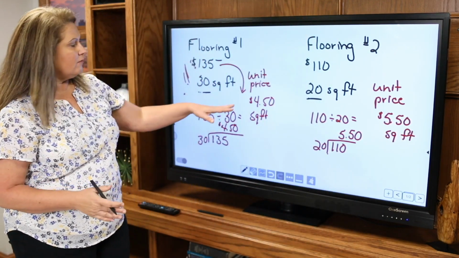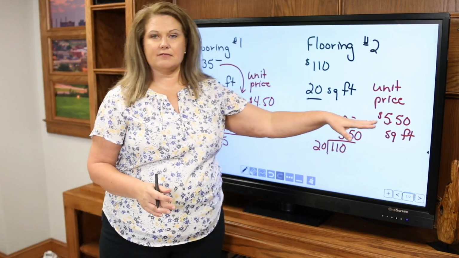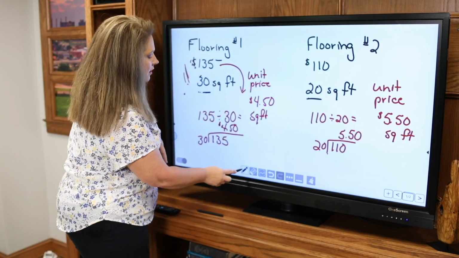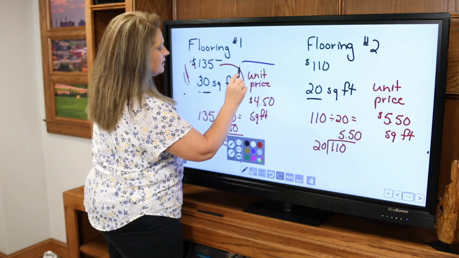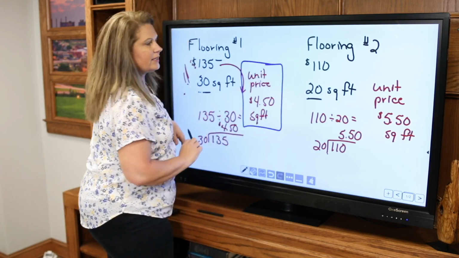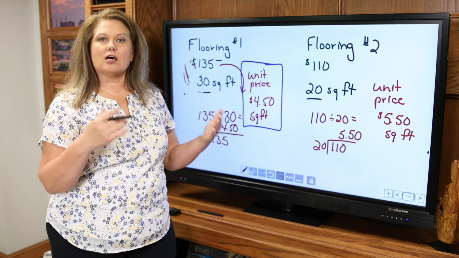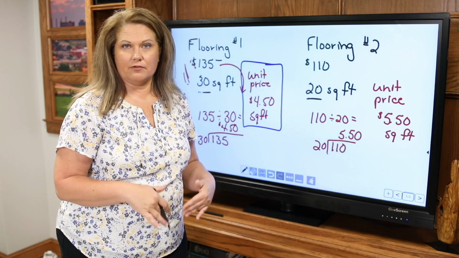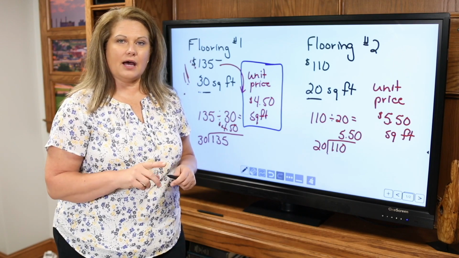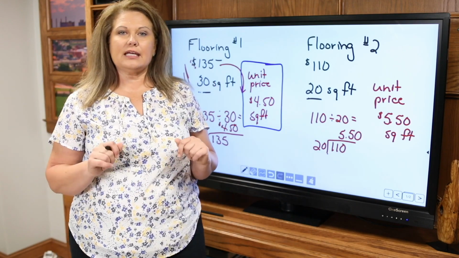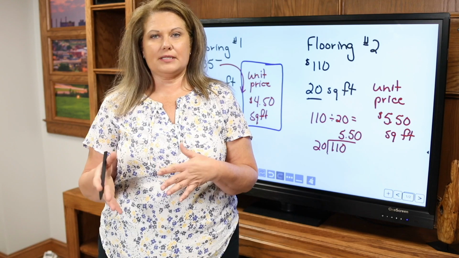Now, when you're comparing $4.50 and $5.50, we know that $4.50 is less. So this is going to be our best buy because it's $1 cheaper per square foot. That's how you determine best buy of flooring. We're going to do it again. This time we're going to use carpet tile.